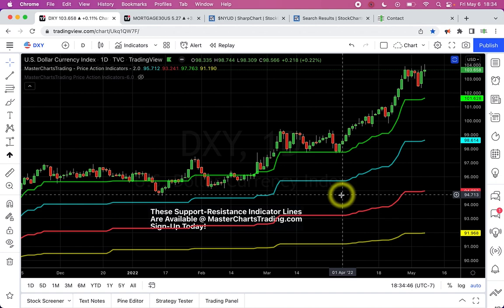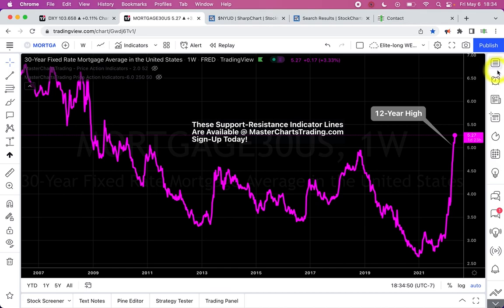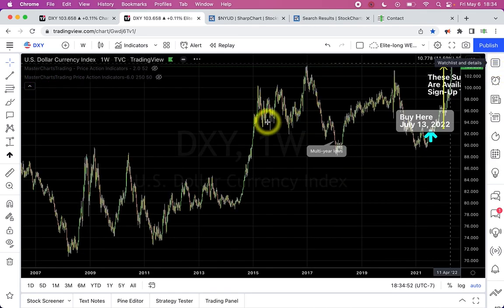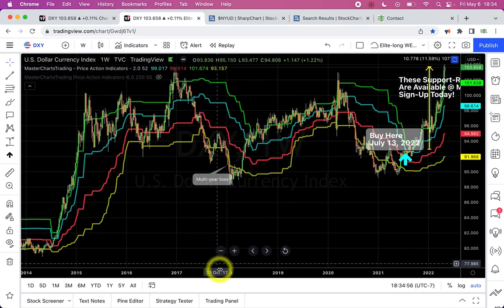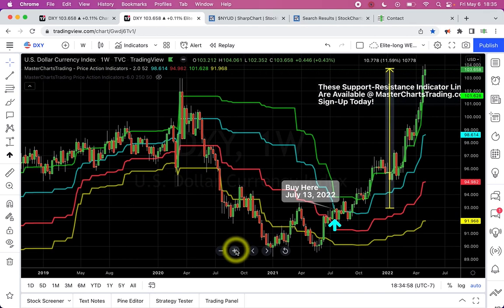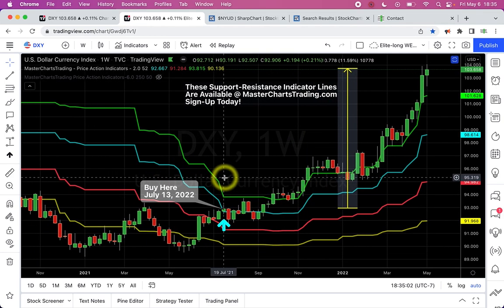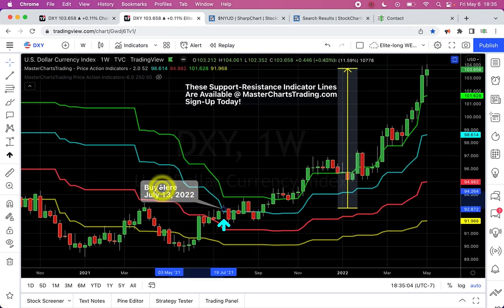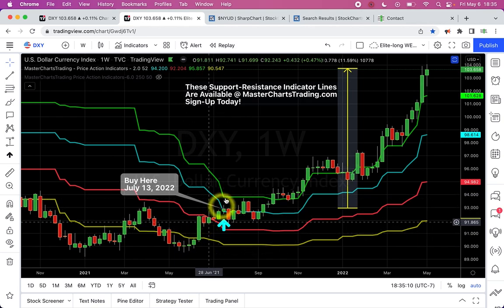Looking at the dollar index, I have shown this chart in the past. I'm going to show it again. Here's the dollar index. This is a weekly chart, so each candlestick is 1 week's worth of activity. You don't have to be a rocket scientist to see when the price closed above the blue support resistance line. This is an inflection point.